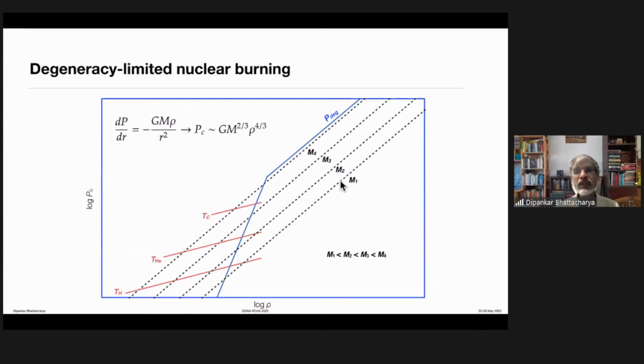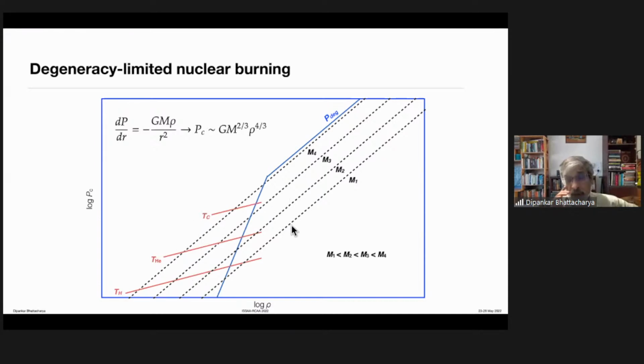We have already encountered diagrams like this, so I will not elaborate too much. You have these gravity lines, which are in black for different masses, M1, M2, M3, M4, masses increasing this way. These lines have a slope in the log pressure, log density diagram of 4/3. Then you have these different temperature lines.